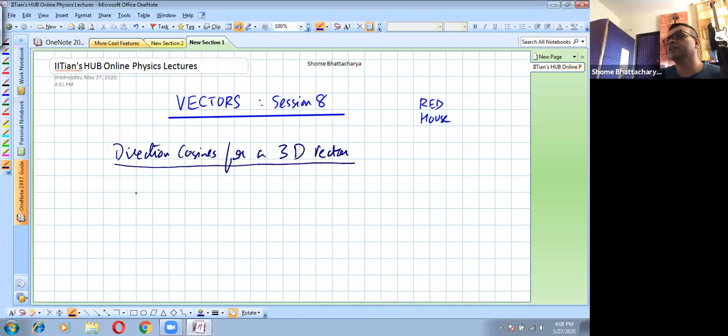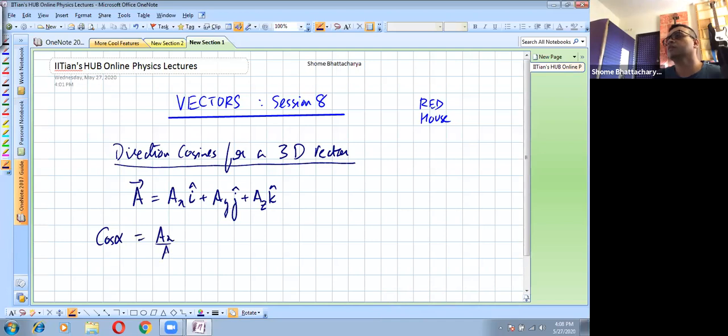We saw that if the vector is given in terms of this, then the direction cosines are given by these relations.